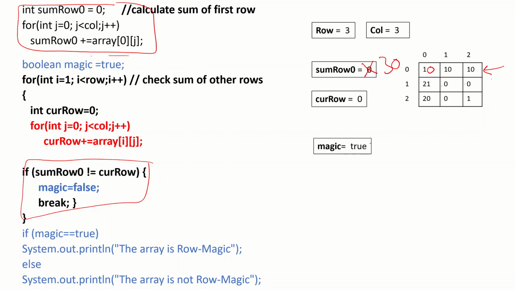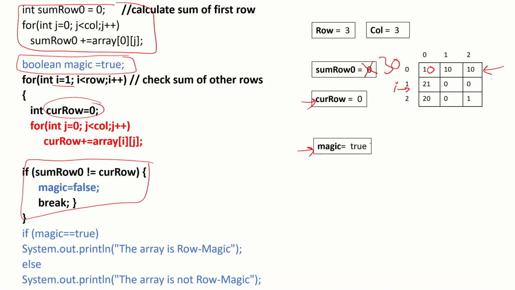And then I will have a Boolean variable, magic, with the initial value true. Then we will start with row I equal 1. So this is I at the first value, which is 1. You have your current summation as 0.